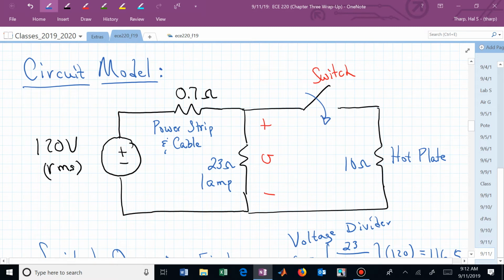Now what happens? Now we have some current feeding that hot plate. Can you still solve the problem based on the strategies or techniques that we've learned in this class? Can you find the voltage V with the switch closed?